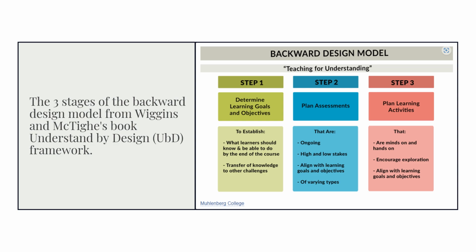Based on the defined learning outcomes, the instructional activities, resources, and assessments are designed to help learners achieve those outcomes. Step 3, aligning assessments. The assessments used to evaluate learning are closely aligned with the intended learning outcomes, ensuring that they accurately measure the desired knowledge and skill.